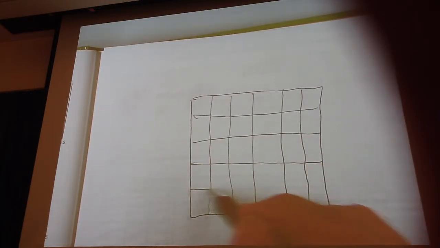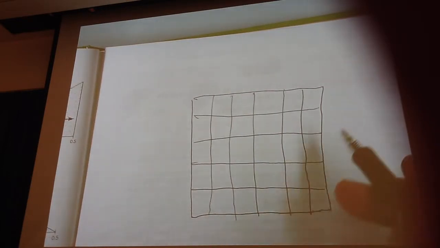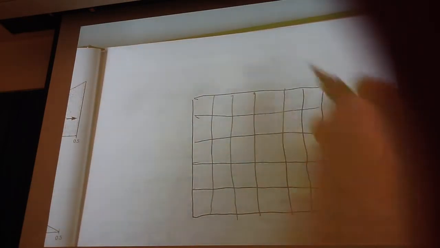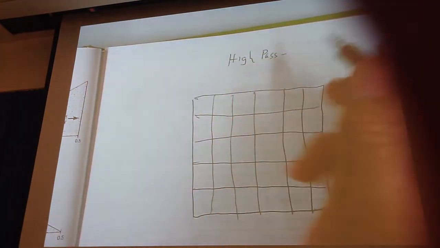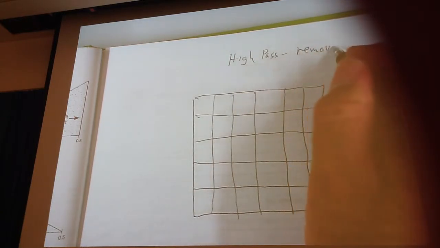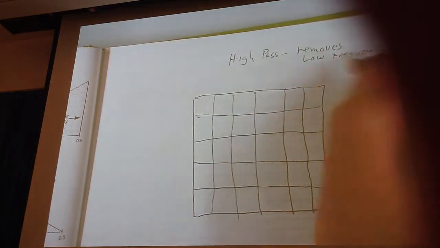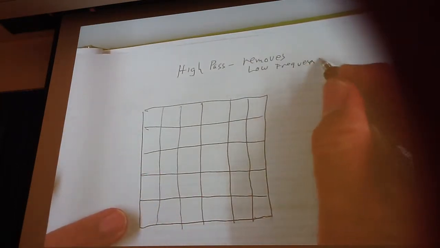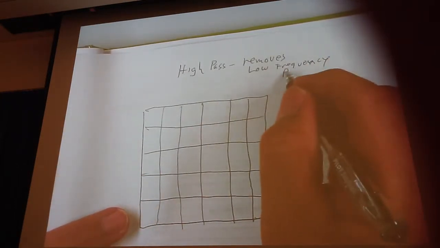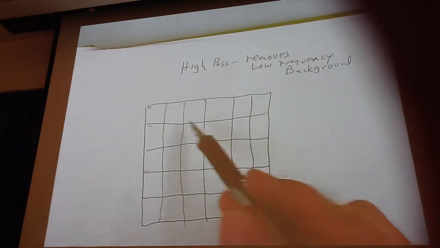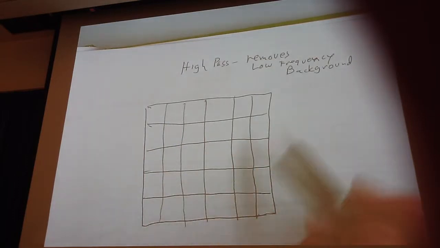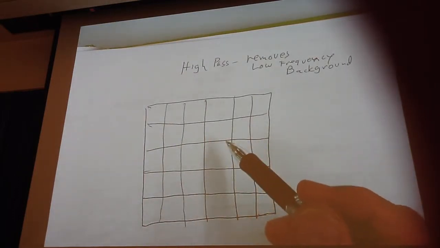That's going to get rid of the low-frequency objects. So the high-pass removes low-frequency, and this would be things like your background. So basically low numbers will be removed from your image, and that will sharpen it.